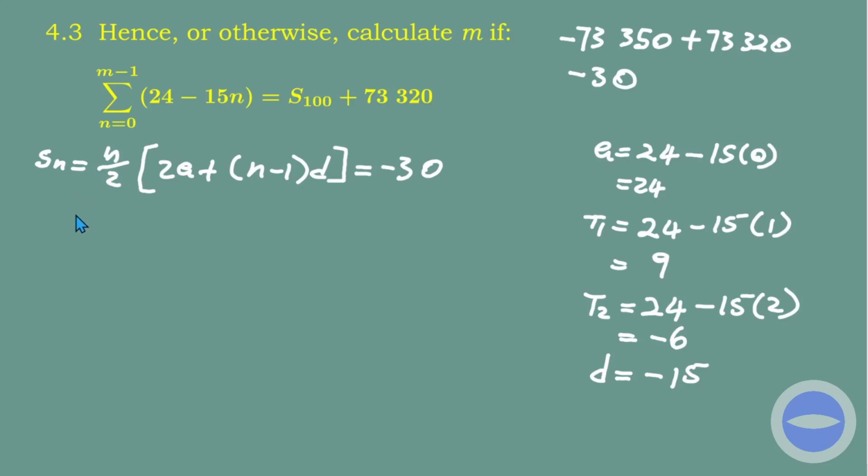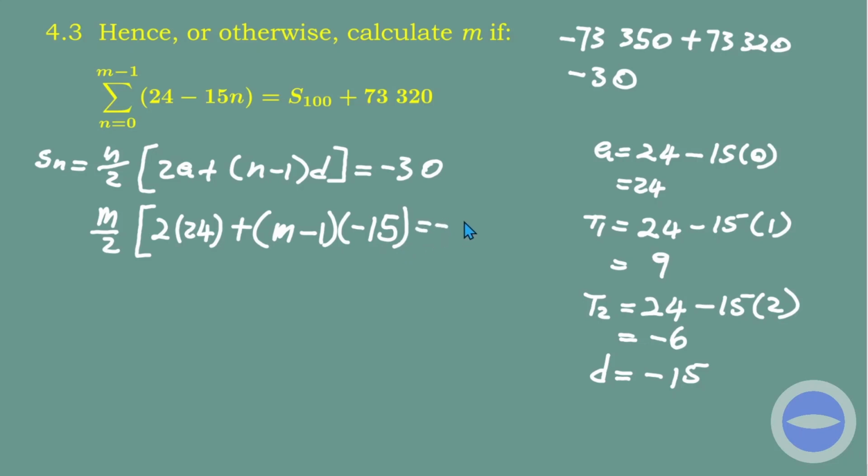So what I will do, I will put m here over 2, and then open bracket, I'll say 2 times a, and a is 24, then plus, and then n, I will put m, minus 1 multiplied by negative 15, equals negative 30. Therefore now I have to solve for m.